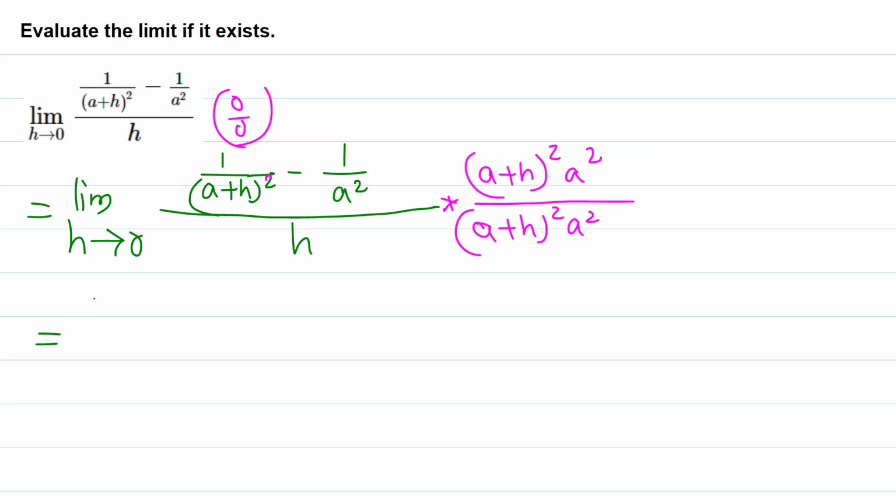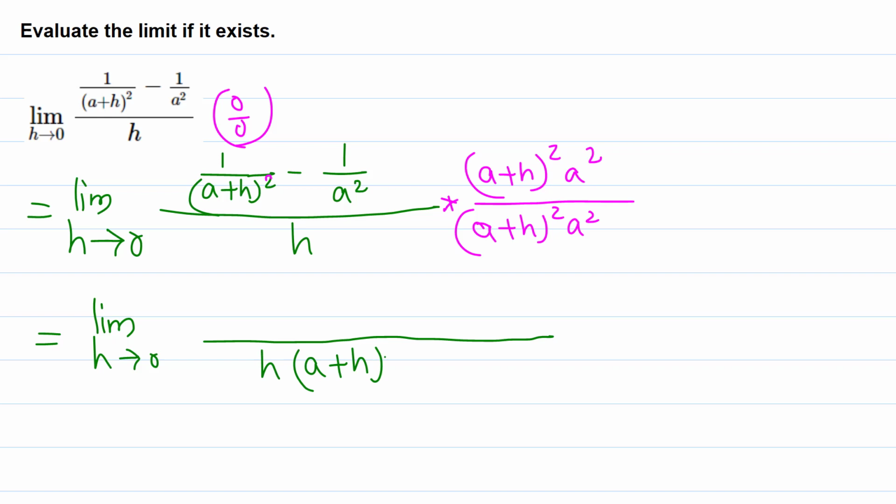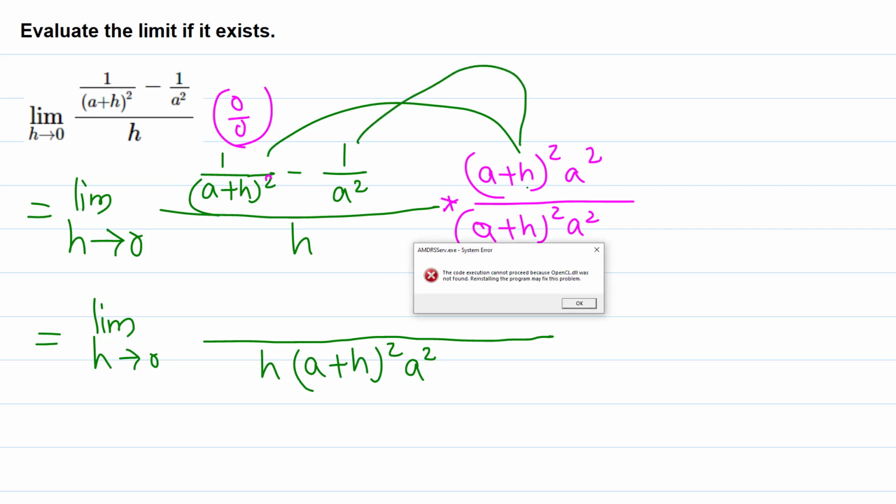Let me write the next step: the limit as h approaches 0 of, on the bottom, we have to write it all because there was no issue in the first place, so h times (a plus h) squared, a squared. On the top, this fraction times this common denominator, then this fraction times this common denominator.